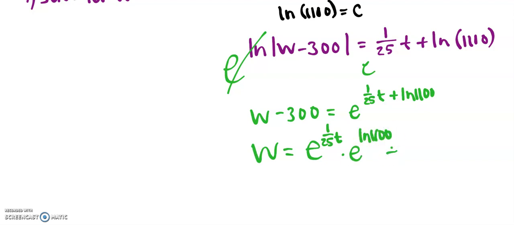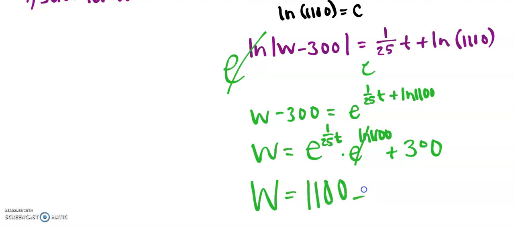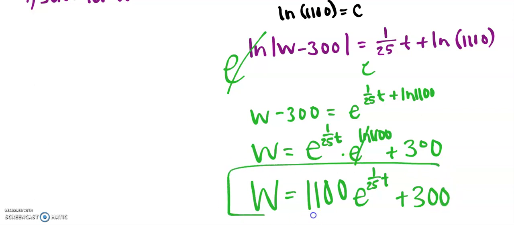There was a video about that earlier. Plus our 300. This then will cancel. And so remember, that becomes like our C e to the kt. Remember that part of our video? Plus 300. And that is our final answer. We have solved for W, which is equal to W of t.